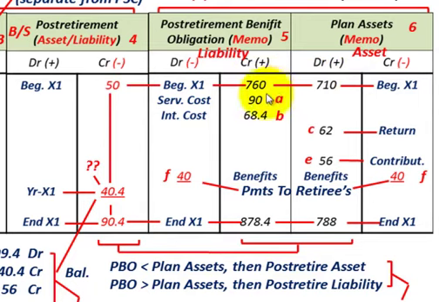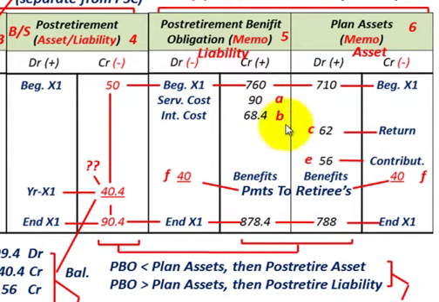But let's go down and look at our guidelines. For this post-retirement benefit obligation, these are the guidelines we use to determine if we've got an asset or a liability. If the PBO is less than your plan assets, then you have a post-retirement asset. That would increase your post-retirement account. Now, if the PBO, or post-retirement benefit obligation, is greater than the plan assets, then you would have a post-retirement liability.